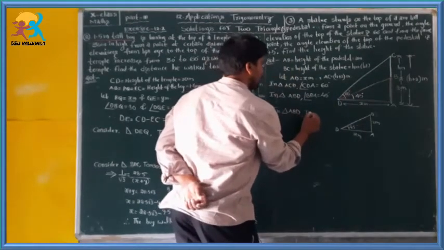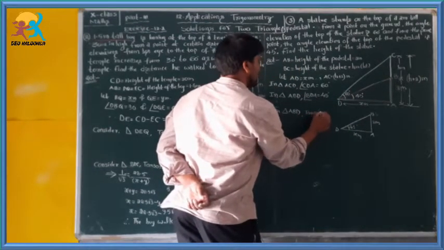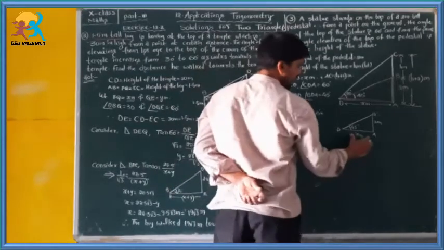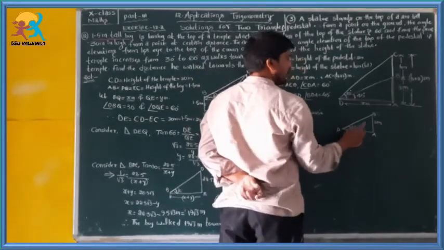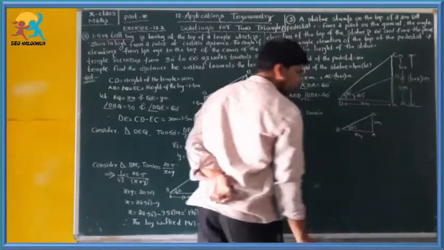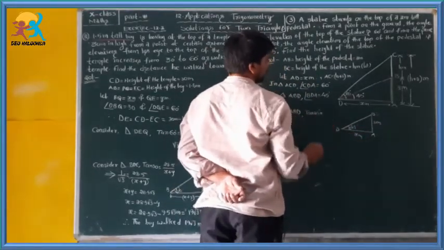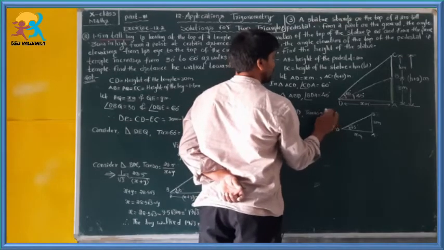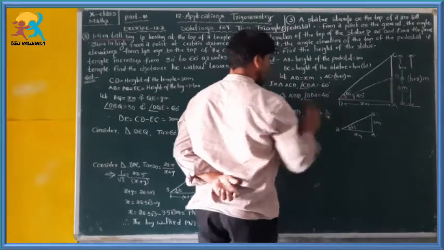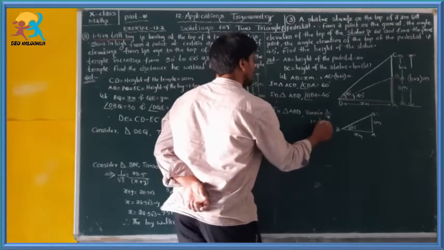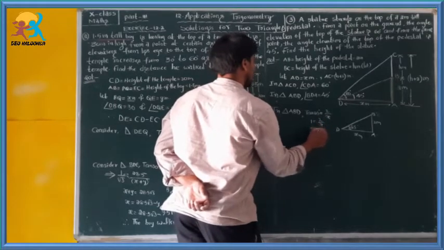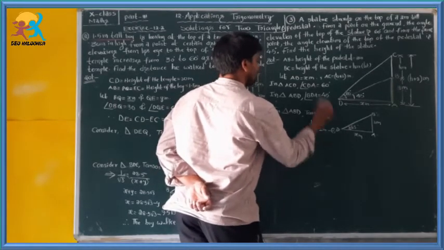Tan 45 equals, why am I always taking tan 45? You have to find the adjacent side of 45 and the given opposite side of 45. The ratio of opposite to adjacent is the tan ratio. So tan 45 equals 2 by x, 1 equals 2 by x. Thus x equals 2 meters. Let it be 1.